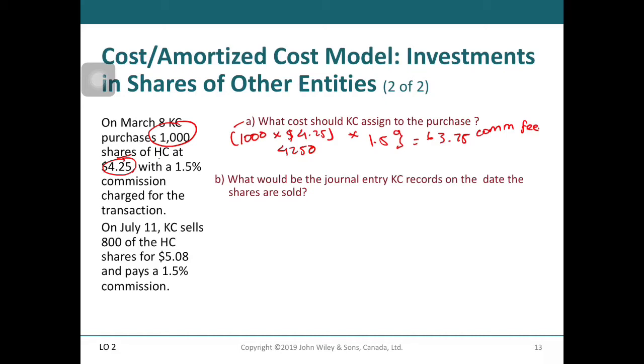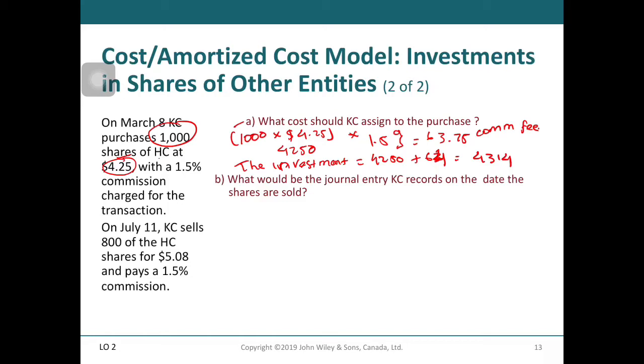So the total investment cost equals 4,250 plus 64, which equals 4,314.